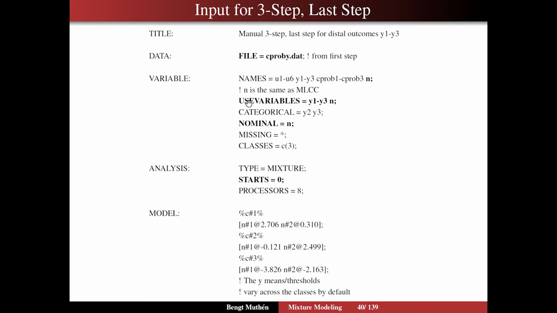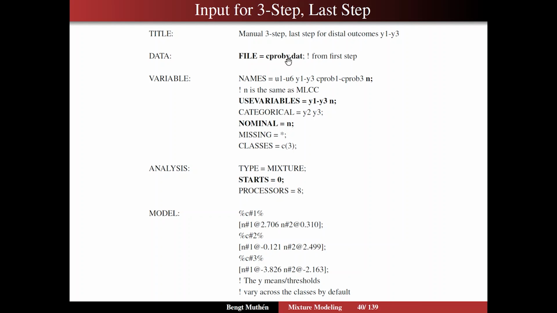So the use variable list for our final step analysis consists of the distal outcomes plus that nominal most likely class variable called N. And since we have categorical outcomes, 2 of the 3 y's are categorical, we give that categorical list there, and we specify N as a nominal variable, 3 categories. And now the missing data is designated by a star instead of the 999 because it's a new data set.